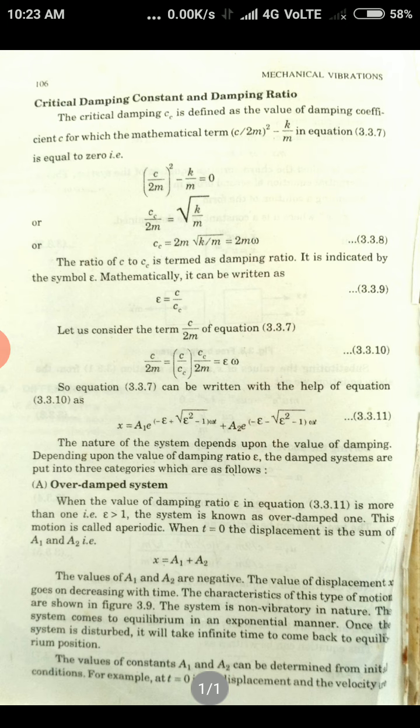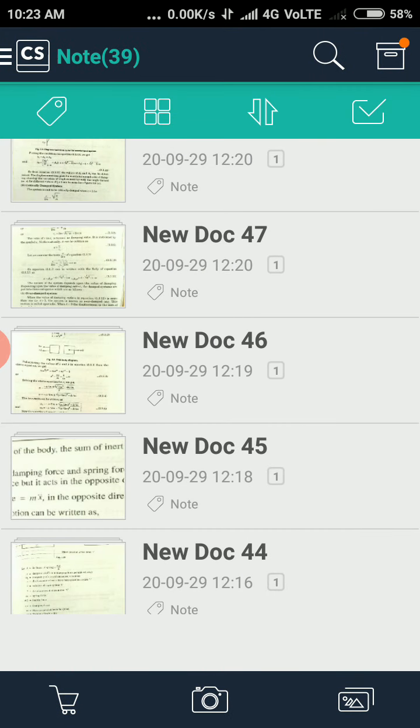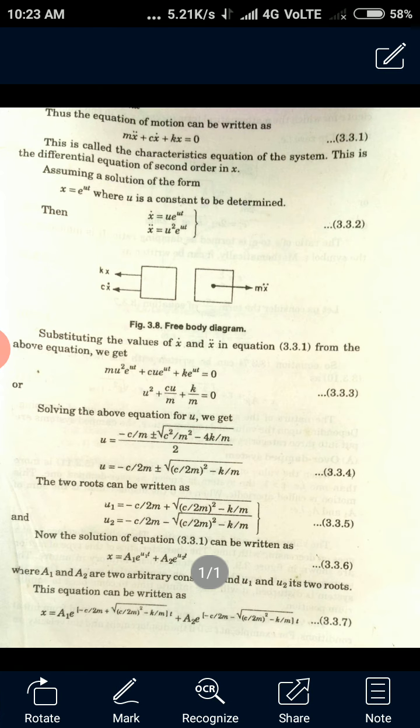So in place of k/m you can write omega squared. Understand what I'm saying? I'll come from the beginning.